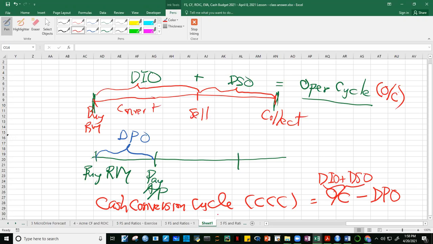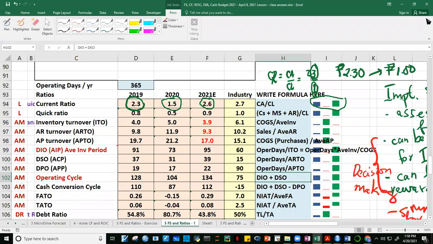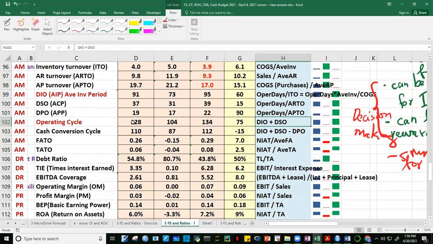Okay, let's go back to our measure and try to make some sense of these measures. So this is your operating cycle, which is simply your days inventory outstanding plus days sales outstanding. All right, so compare natin 134 from the time it takes us to buy raw materials to collect, that's 134 days, compared to 75 ng competitor natin. Talong-talo tayo guys.